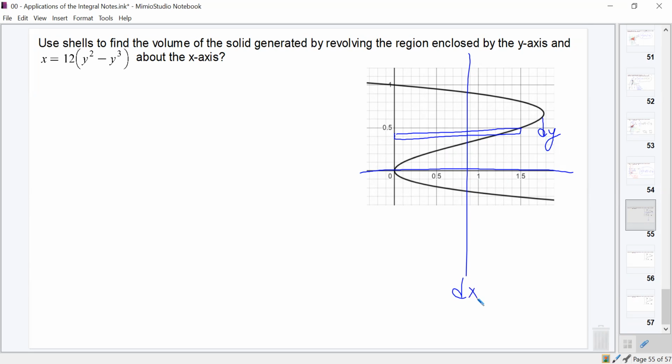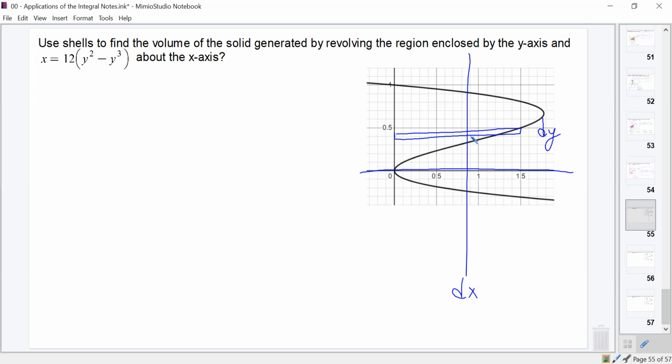But it's going to be really difficult for us to solve 12 times y squared minus y cubed for y. Even if we were able to do that nicely, we would note that this thing is not a function, and that the upper bound and the lower bound of this region are defined by the same equation.